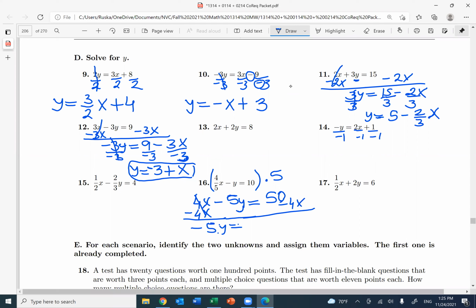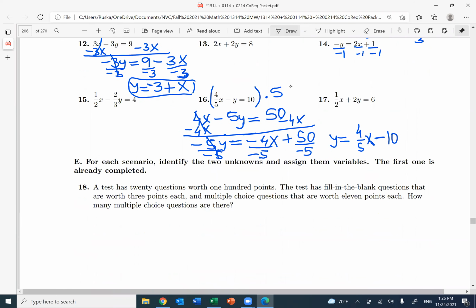And then you're going to divide by negative 5. And then we're going to get y equals 4/5, you can reduce that, x, and then minus 10. Okay, so that's how you solve for y.